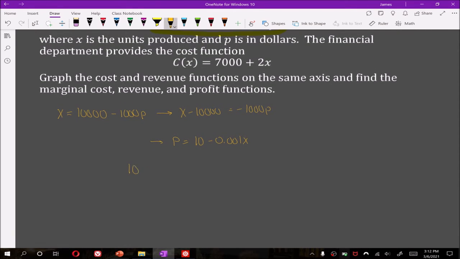So 10 minus 0.001x has to be larger than 0. Or at least 0, I should say. This will mean that 10 is greater than or equal to 0.001x. Multiplied by 0.001, we get 10,000 is greater than or equal to x. So we get as our domain here 0 less than or equal to x less than or equal to 10,000.